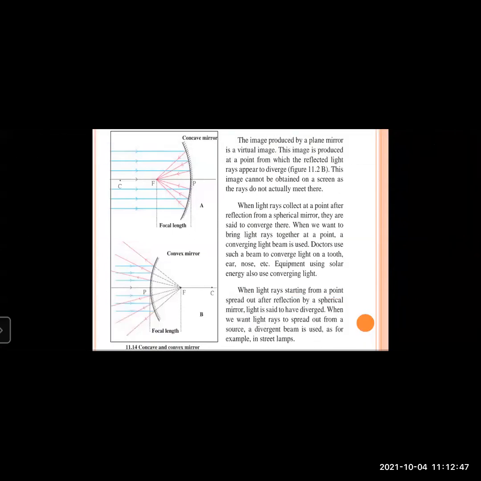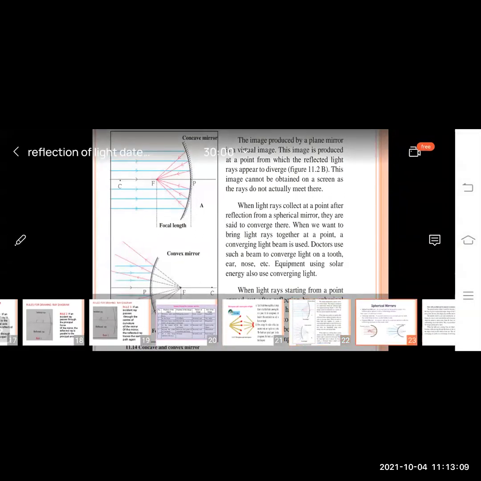Like this, you can find many examples for convergence and divergence. Just write this concept in your notebook and write down as many examples as you can.